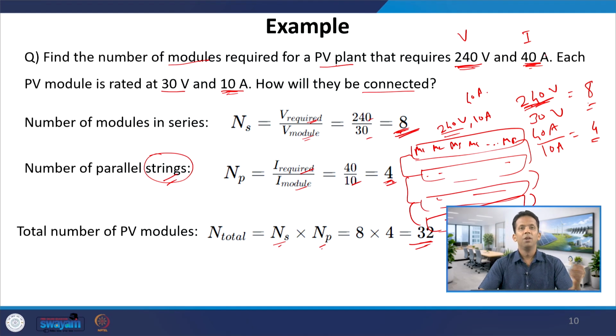So, that is how you can estimate the number of PV modules required if you know the rating of one PV module. If you know the rating in terms of voltage and current, you can also determine how they will be connected, how many modules will be in series and how many modules will be in parallel.